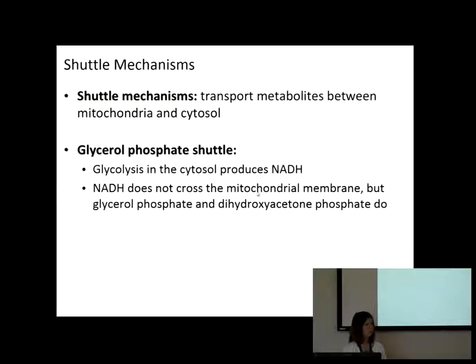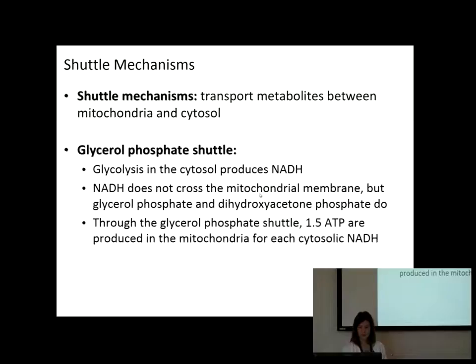How many do you get from glycolysis for every molecule of glucose? Two, because you get one from each stage 2, right? So we get 2 of them. All right, so we get 2, and each one through this glycerol-phosphate shuttle will only make 1.5 ATP.